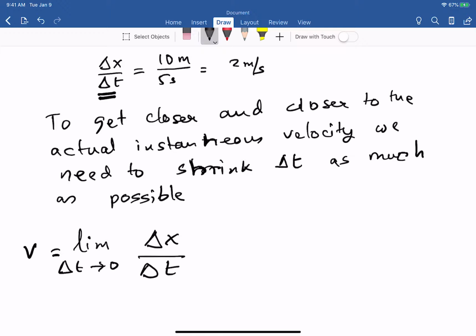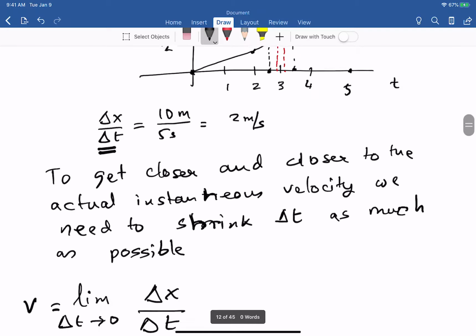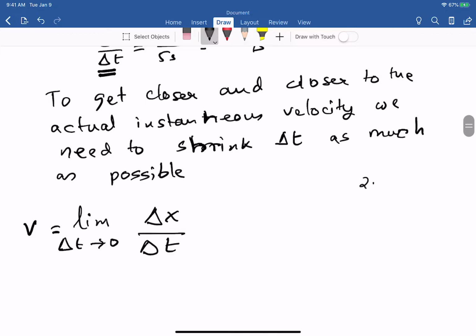So we considered delta t of 2.9 to 3.1. How about 2.999 to 3.001? Or we could do even better than that.